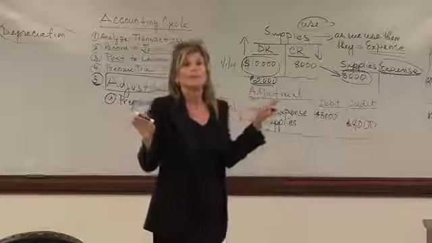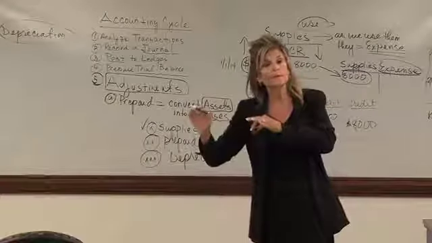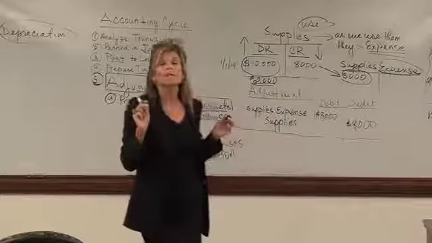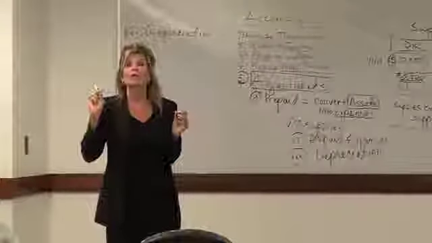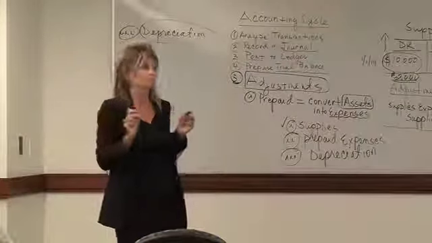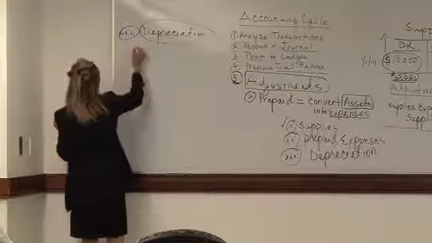Simple. We calculate the amount that we're going to depreciate the truck by once, and every year we would take 1/5 of that $25,000 and write it off or recognize it as depreciation. All right, so we would take our $25,000 cost.